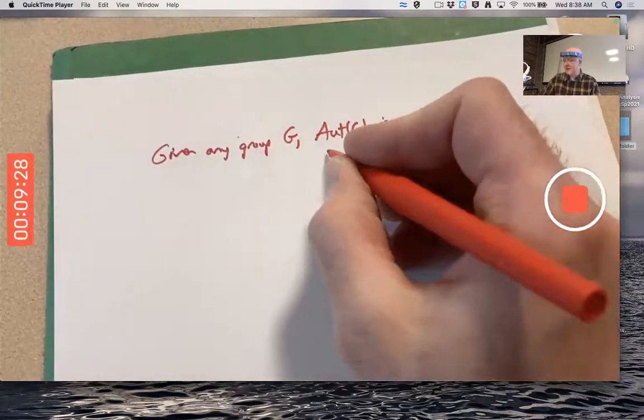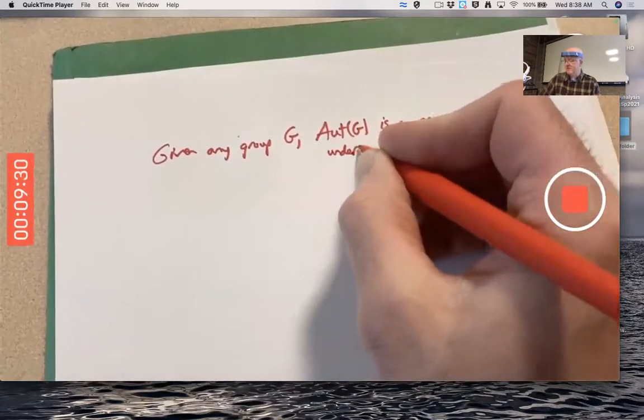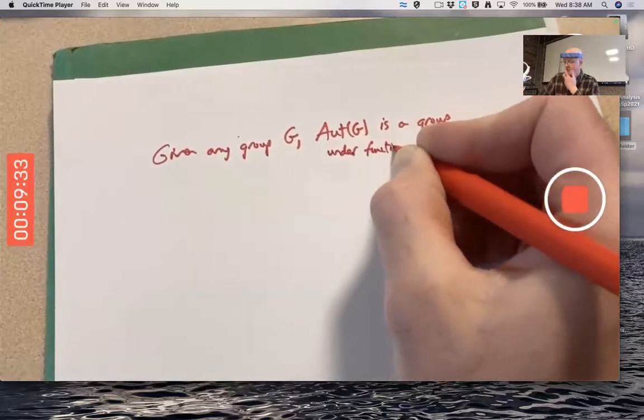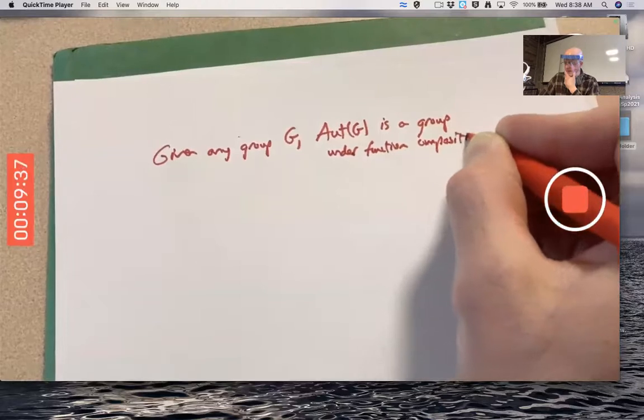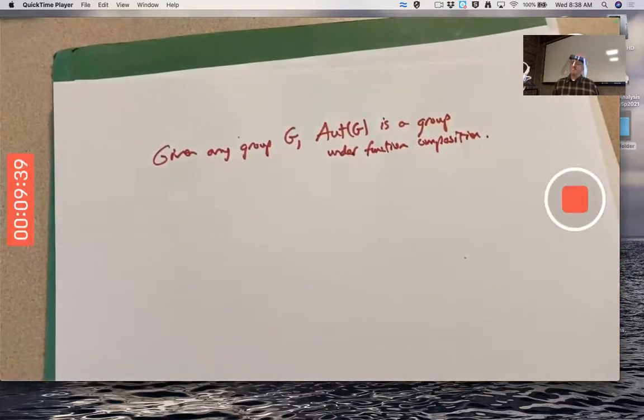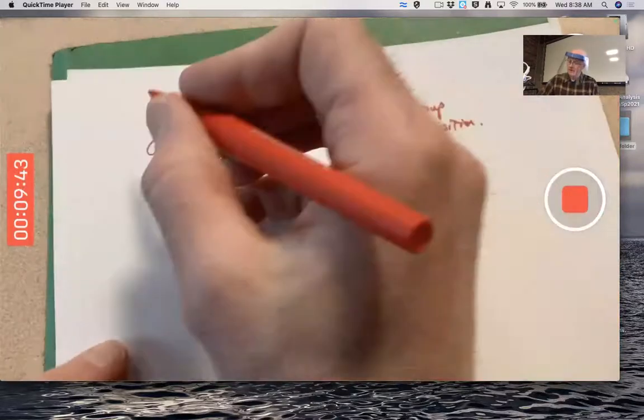You should say under function composition. The theorem.